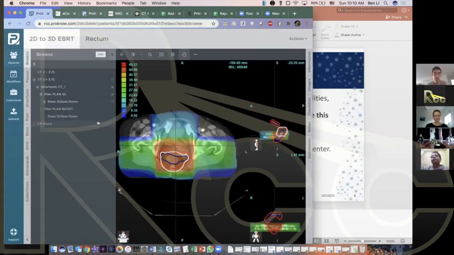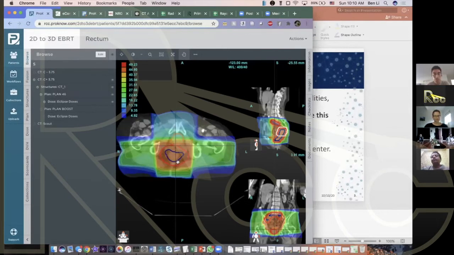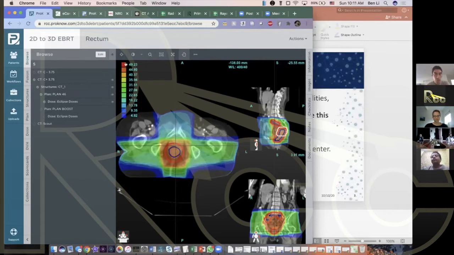This is a rectal cancer case. As you can see, it's planned with two beams. So you have your opposing laterals, and then presumably this is a PA beam entering from the back and going to the front. And you can see the dose distribution and it tells you the dose here.